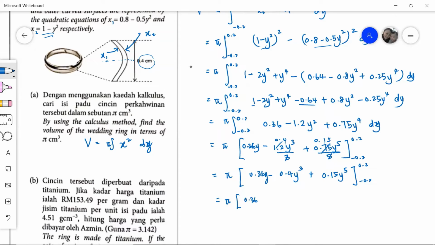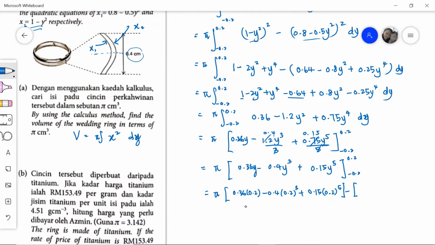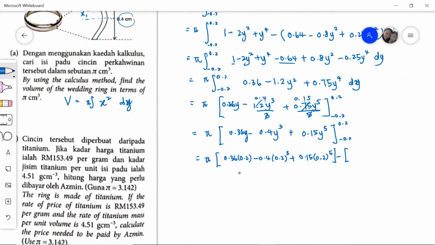So 0.36 times 0.2 minus 0.4 times 0.2 cubed, plus 0.15 times 0.2 to the power of 5, and minus the same expression, but this time substituting negative 0.2: 0.36 times negative 0.2 minus 0.4 times negative 0.2 cubed, plus 0.15 times negative 0.2 to the power of 5. Let's use the calculator.